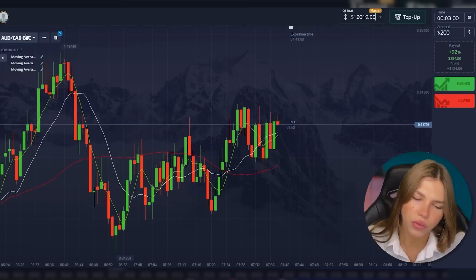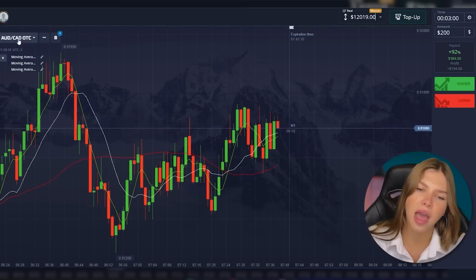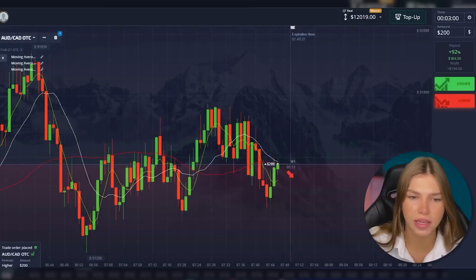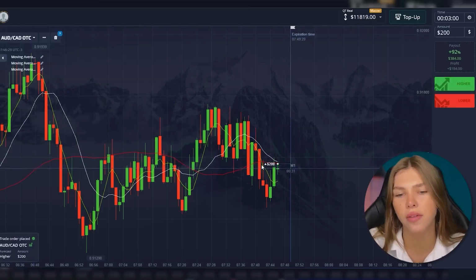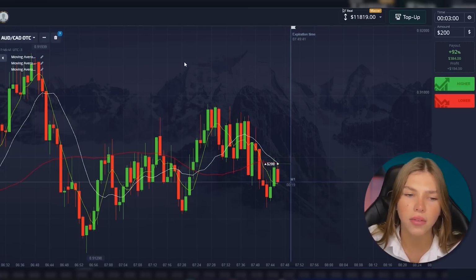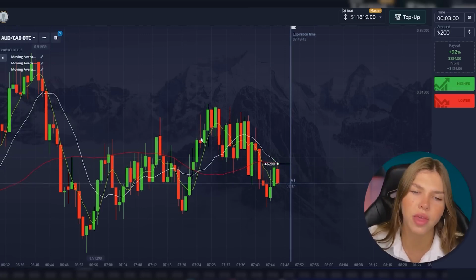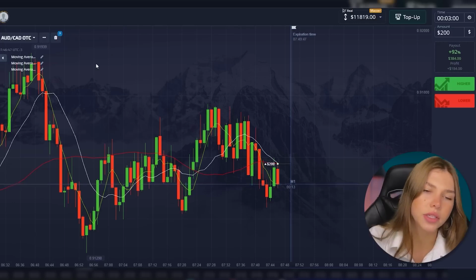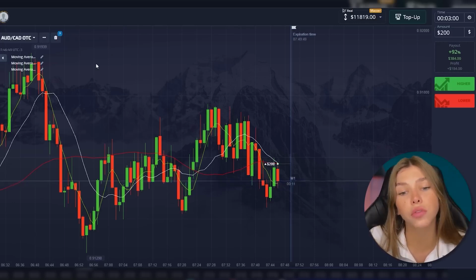So let's check for more deals, because maybe there will be something else. Here we have the intersection of two moving average lines, namely green and red, and they both show that the move will be down. We are opening a deal for a reduction, and after 2.5 minutes I will return with the profit.